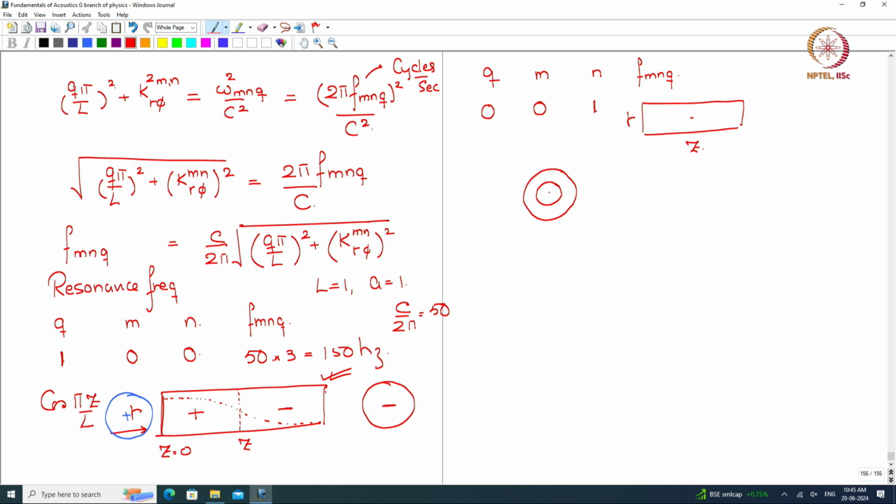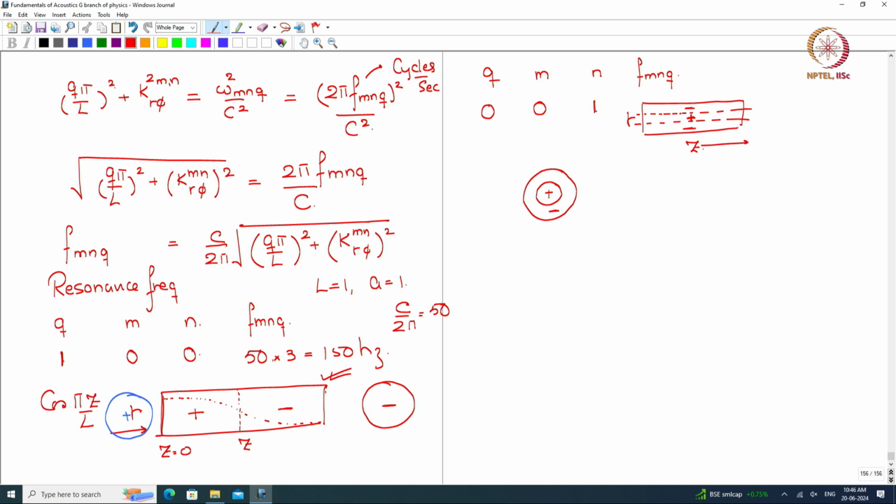Okay. So, if I call this a plus, I will get a minus. Okay. So, I will get a minus here and here, I will get a plus here. No change along the z.